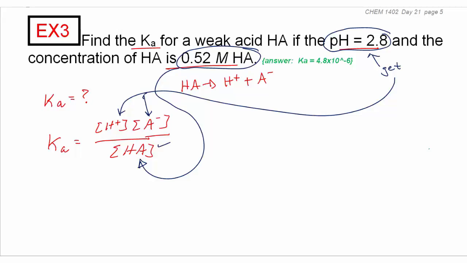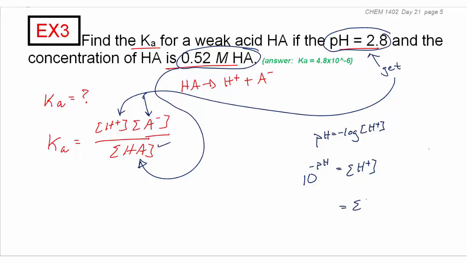Okay, let's try it. So the pH, do you remember doing this? pH is negative log of hydrogen ion concentration. Raise both sides to the 10 power, bring that negative sign over. 10 to the negative pH was our hydrogen ion concentration. Remember doing that?